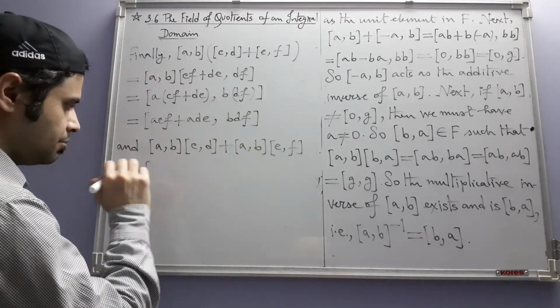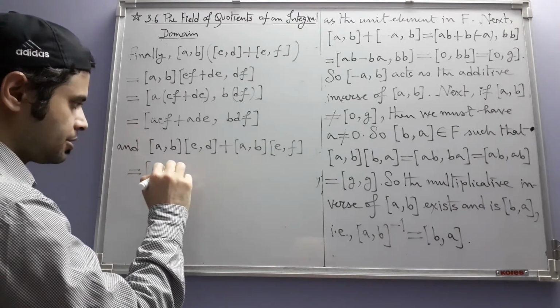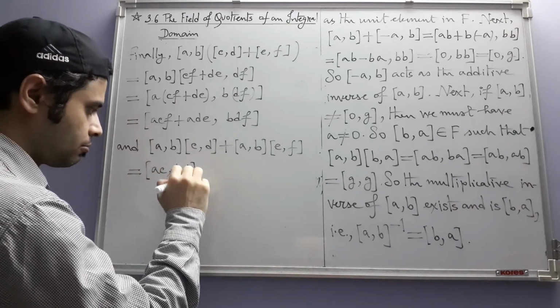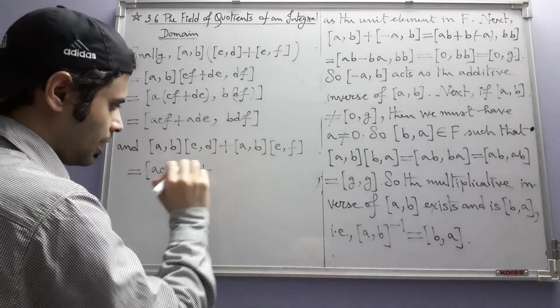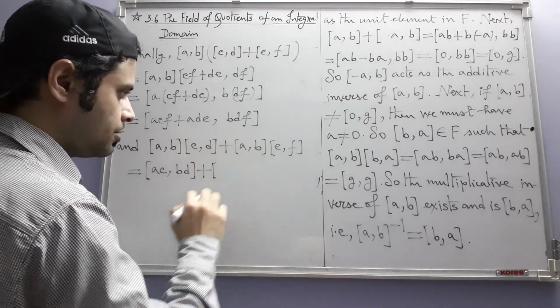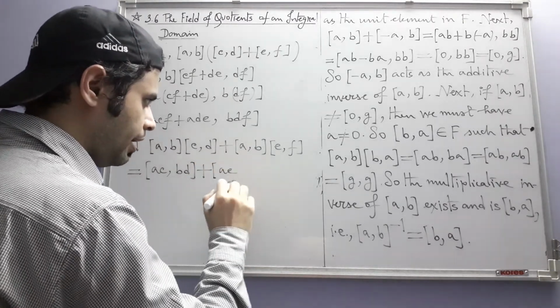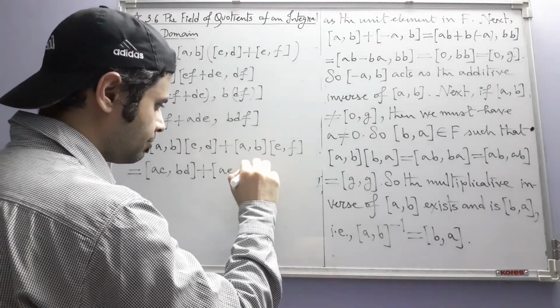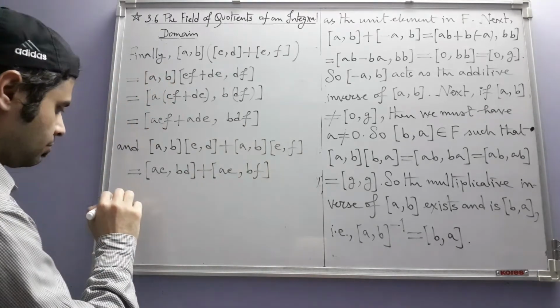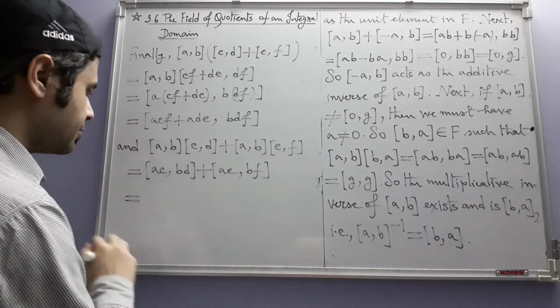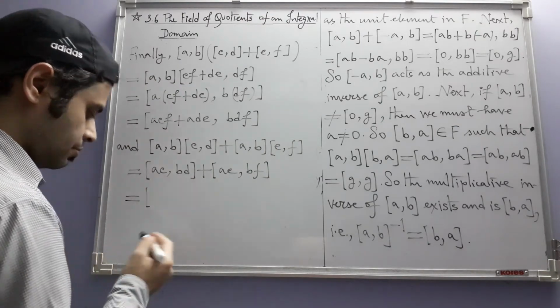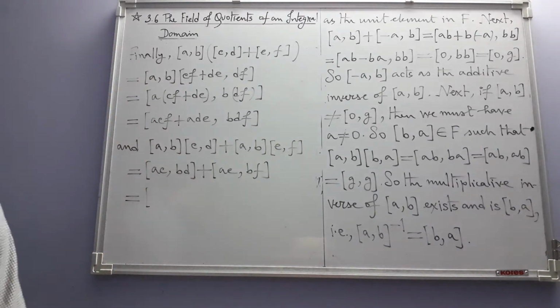So this gives me (ac, bd) plus this one gives me (ae, bf). Now we add them.